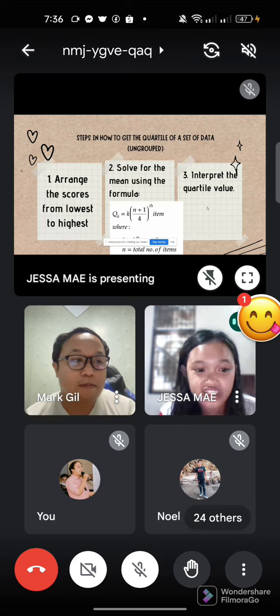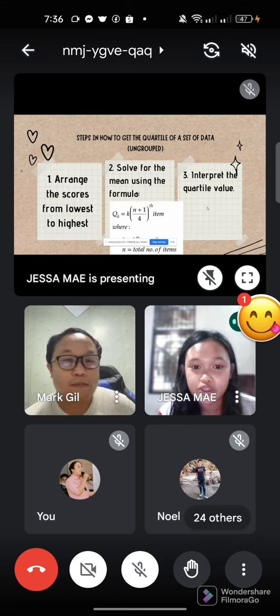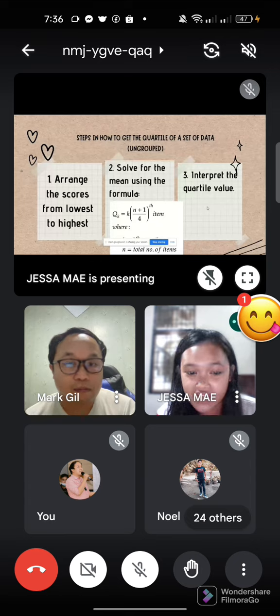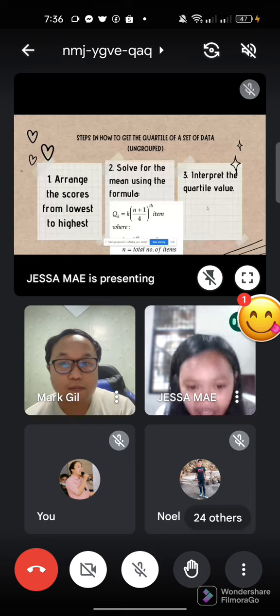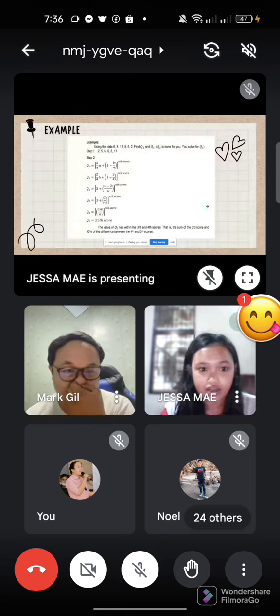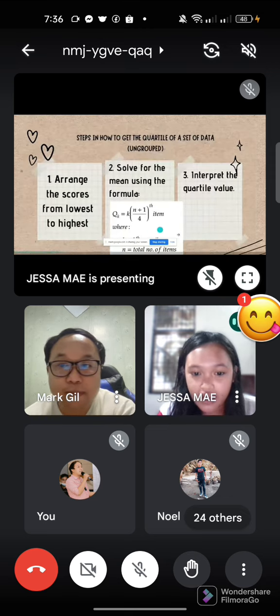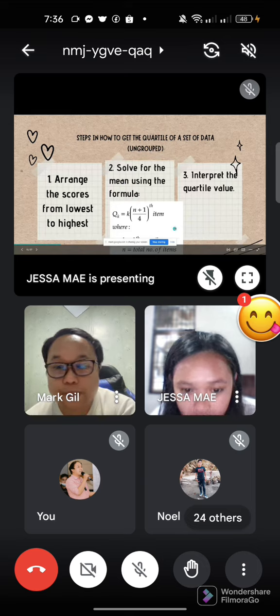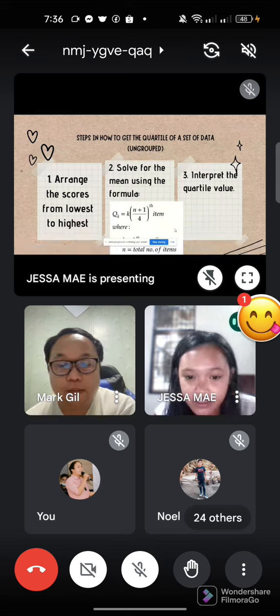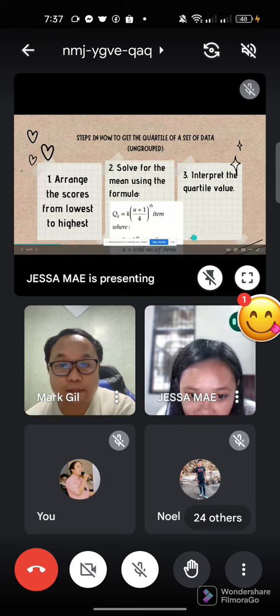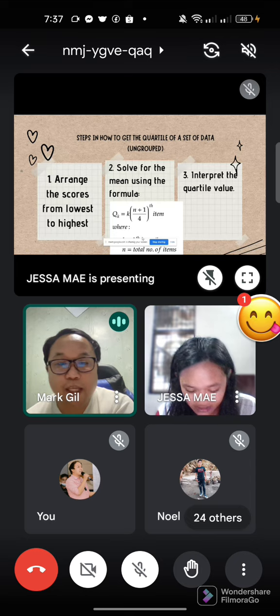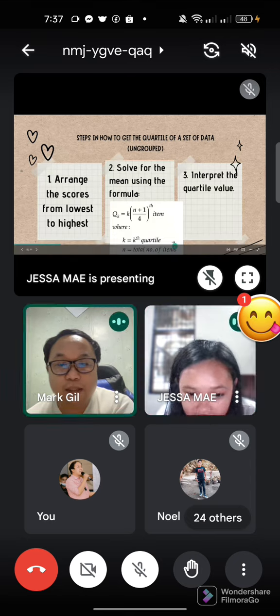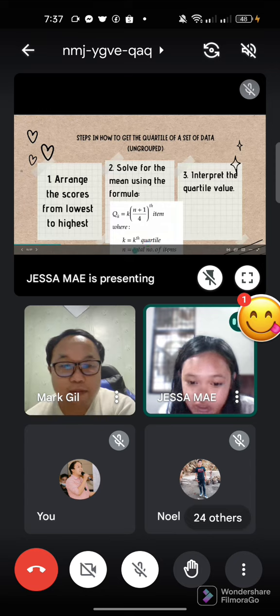Number 1 is arrange the scores from lowest to highest. Number 2 is solve for the quartile using the formula Q_K equals K times the quantity of n plus 1 over 4, where K means the quartile and n is the total of the numbers.